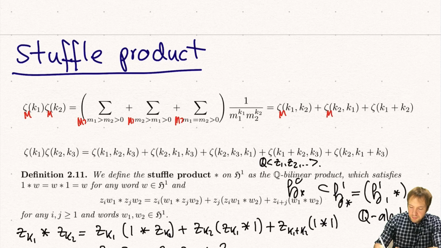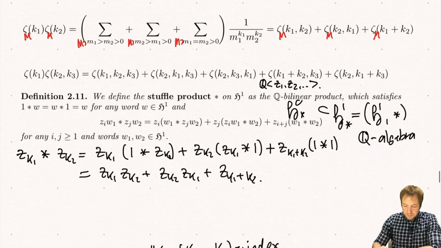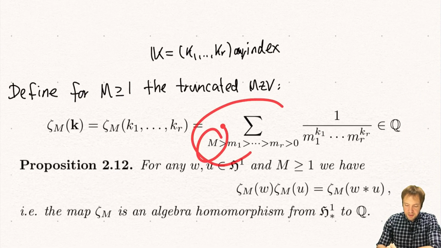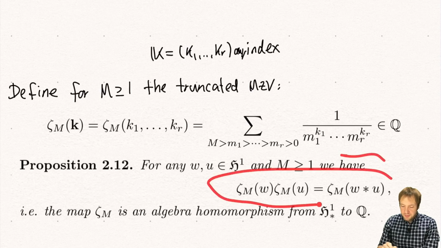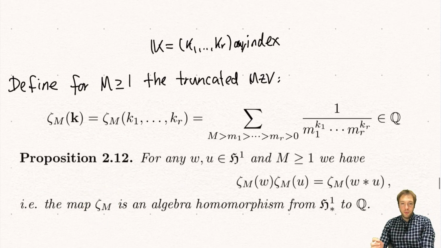So this formula is also true for these truncated multiple zeta values, which are often also called multiple harmonic sums, but here I will just call them truncated because we truncate this summation. And now we want to show that this satisfies this stuffle product. In other words, if we consider this zeta_M as a map from H1 to the rationals, we get an algebra homomorphism.